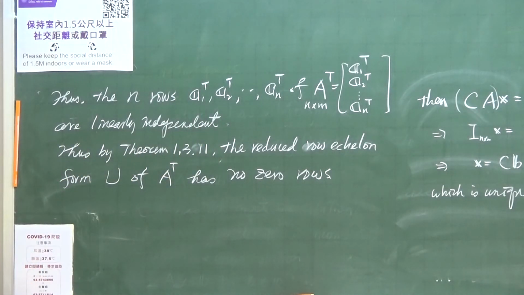That means that every row of U has a pivot. Every row of U has a pivot, right?